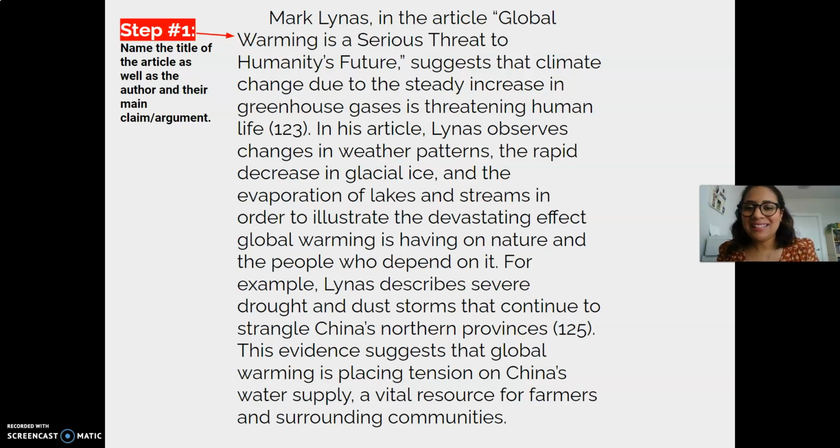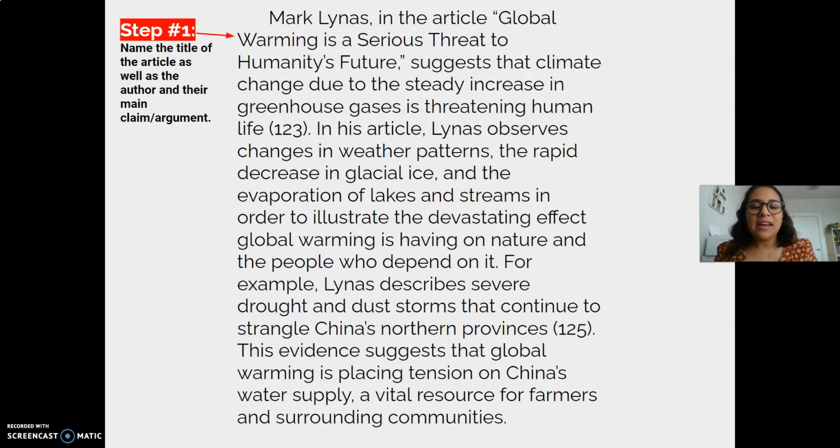Let's move on to the next sentence. In his article, Linus observes changes in weather patterns, the rapid decrease in glacial ice, and the evaporation of lakes and streams in order to illustrate the devastating effect global warming is having on nature and the people who depend on it.